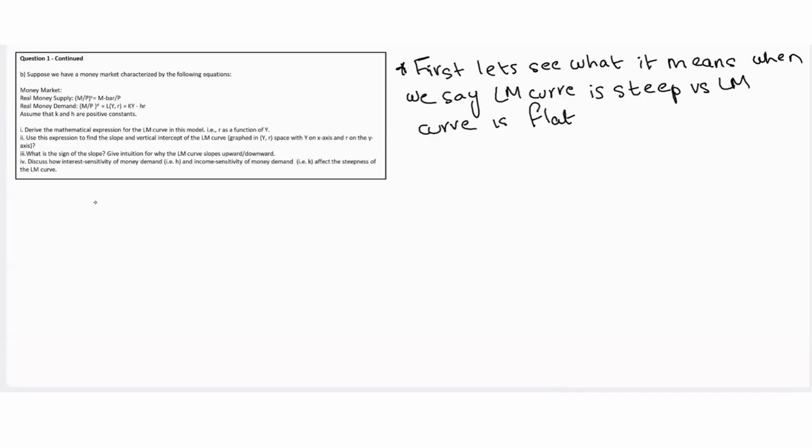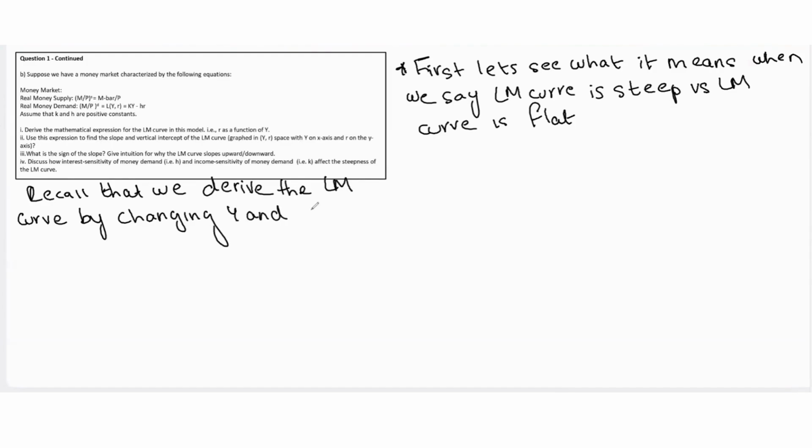So recall that we derive the LM curve by changing Y, income or output, and seeing what happens to the interest rate to restore financial market equilibrium.